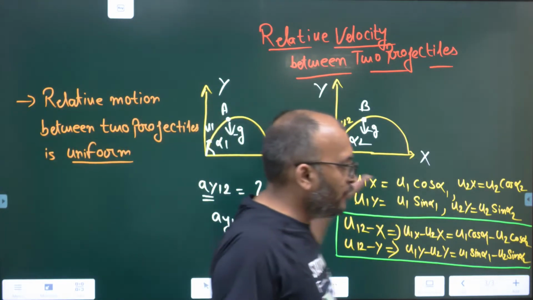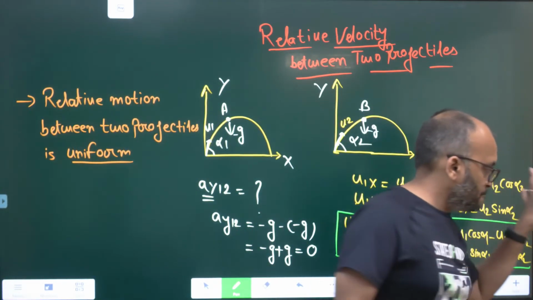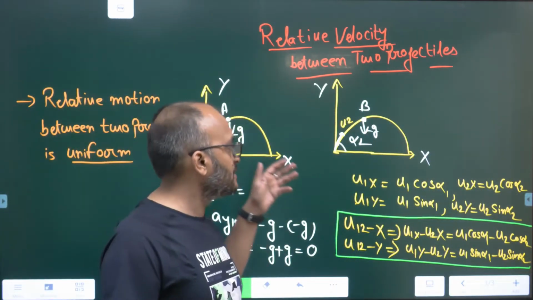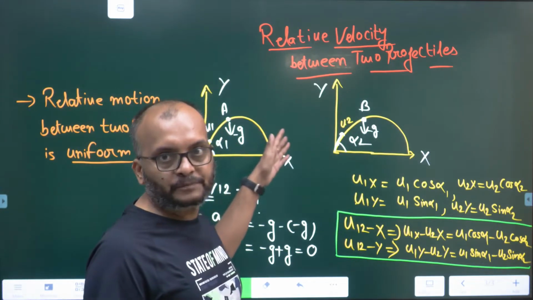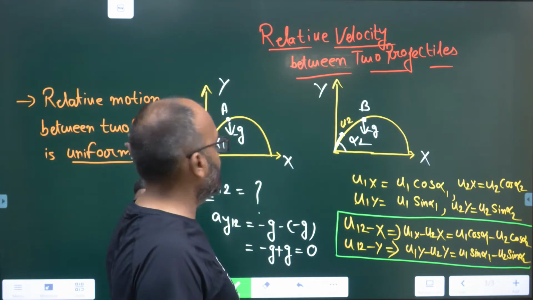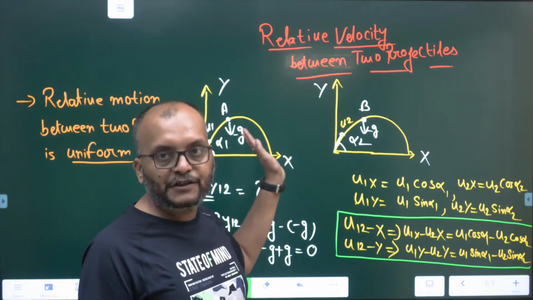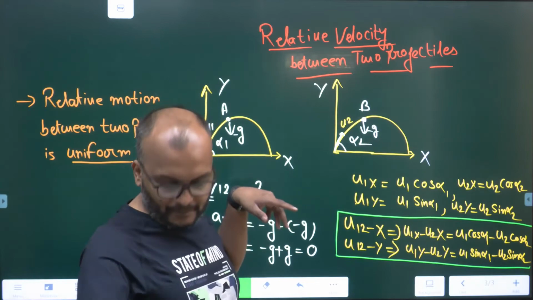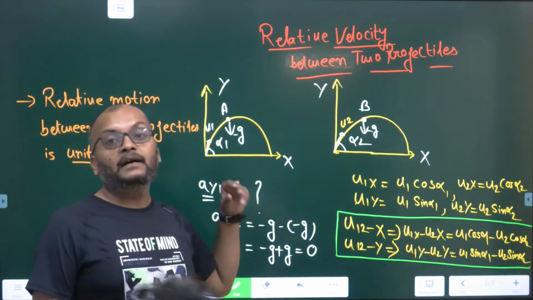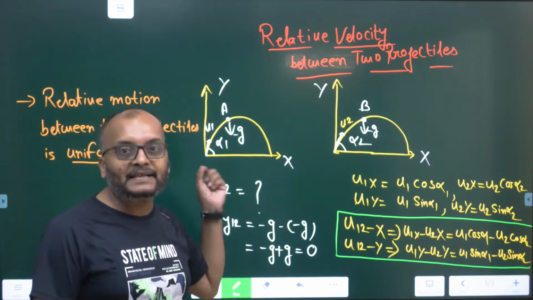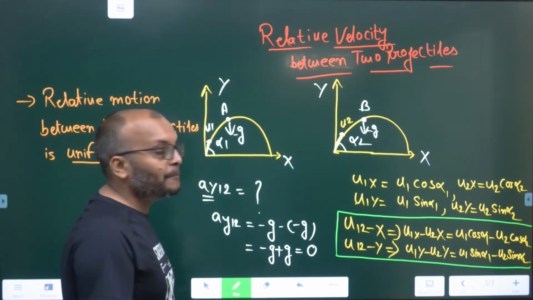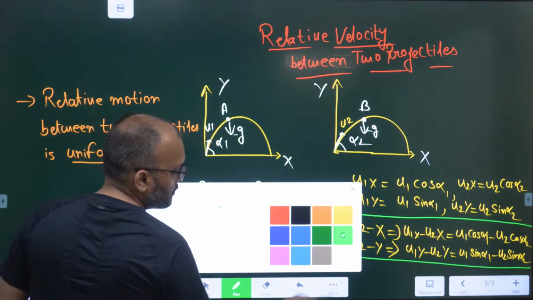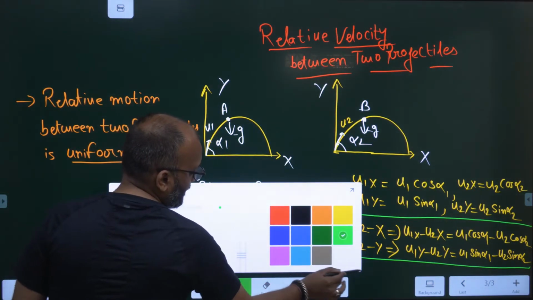Now if I compare the relative velocities of both 1 and 2, I can represent them along the same axis. Now this is very important and a bit higher level, but pay attention. You will understand it, nothing tough, very easy.